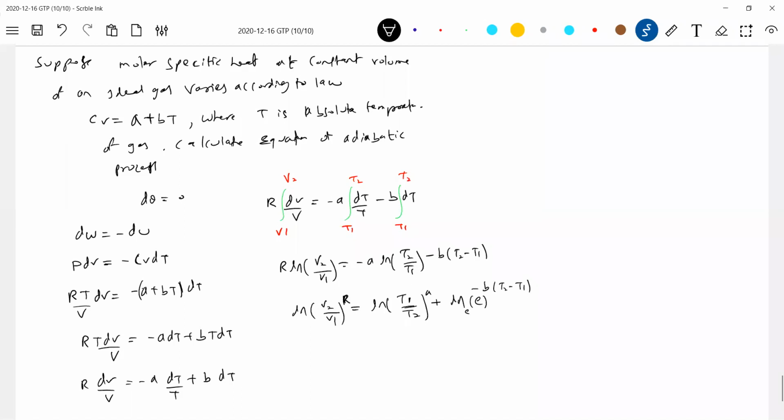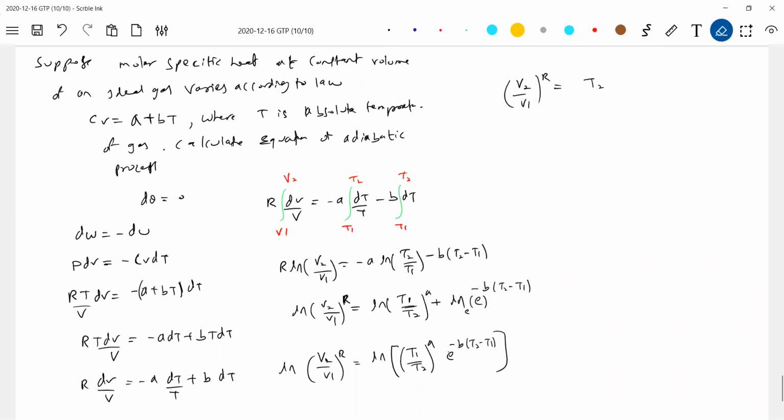This is the equation. Log of a to the power plus log of b, so this will become T1 by T2. Eliminating log on both sides, V2 by V1 to the power R is equal to T1 by T2.